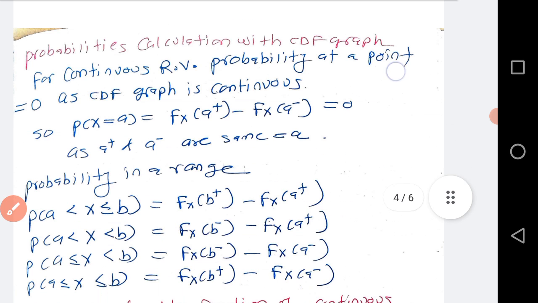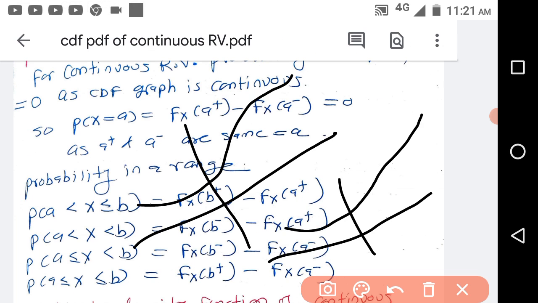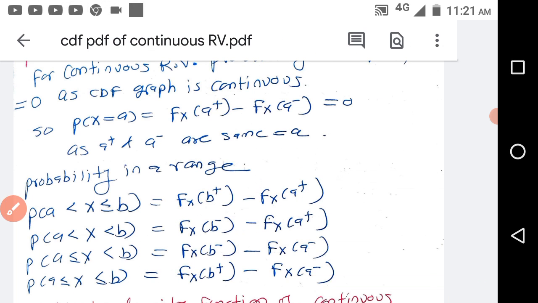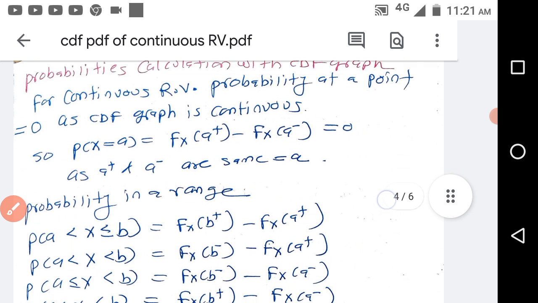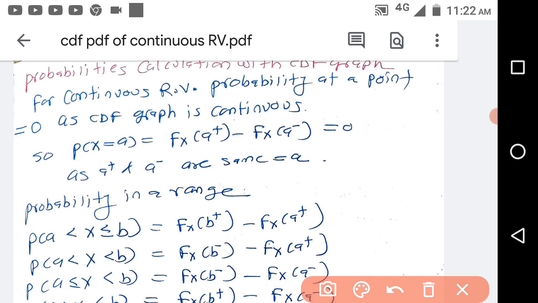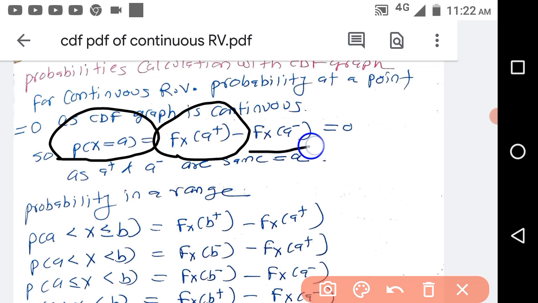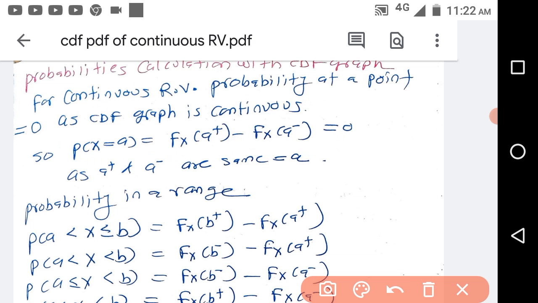Let us see how to find the probabilities if you are given the CDF graph. Probability can be found by taking the difference between the two endpoints. If you want to find the probability at a point, probability X equal to a, then you can find F_X(a plus) minus F_X(a minus). What are a plus and a minus?